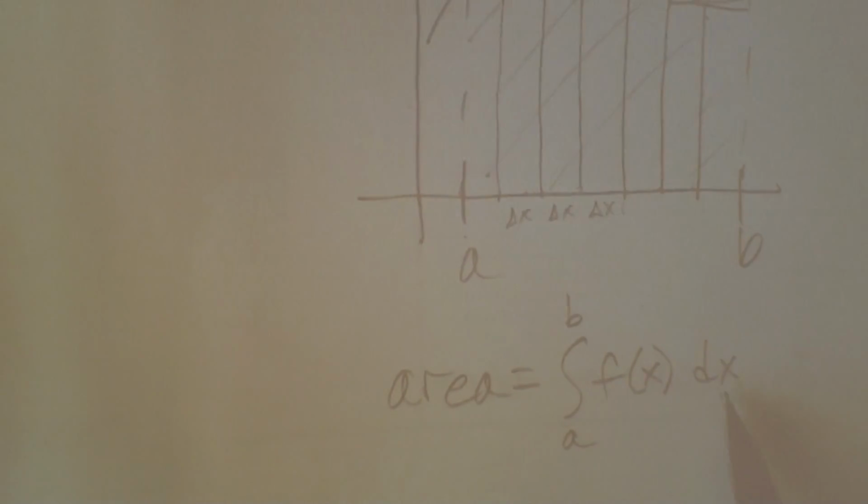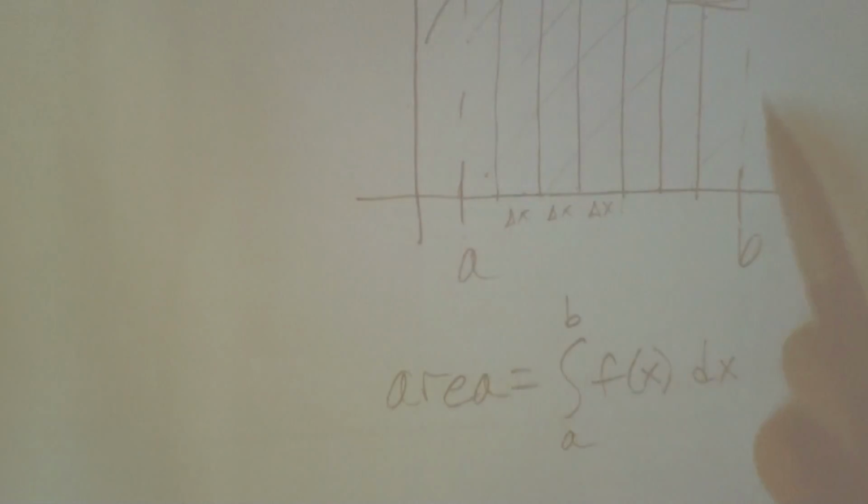And how does dx relate to delta x? dx is the limit as delta x approaches 0. So what you're doing is making the widths of all your rectangles approach 0 so that you can fit infinitely many of them in that space, and then you get an exact area, right? So what you get with your integral, when you're finding area, is the sum of the areas of all of those rectangles. Width times height.